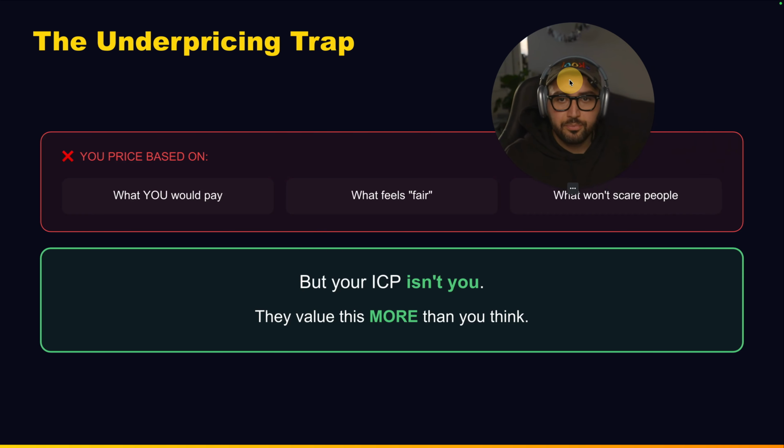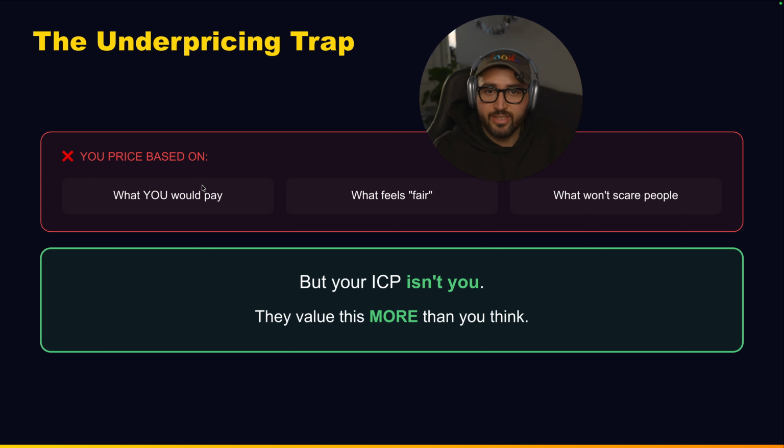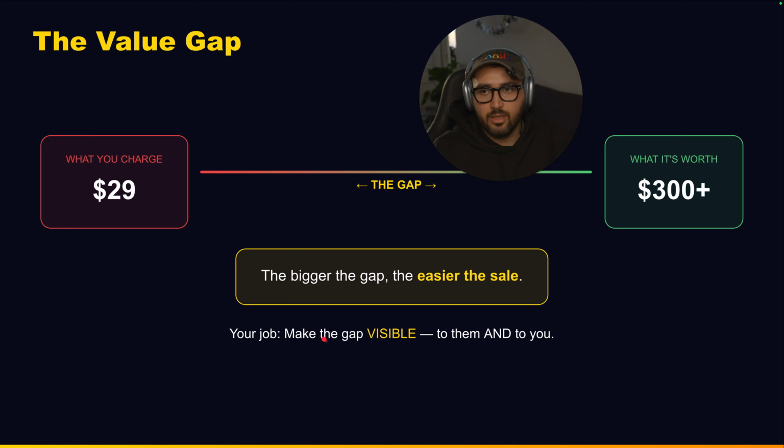Here is the underpricing trap. You price based on what you would pay, what feels fair, and what won't scare people. Once you think about these 3 things, you cannot price it correctly and you underprice. But your ICP isn't you. They value this more than you think, and we are going to prove it in this lesson.